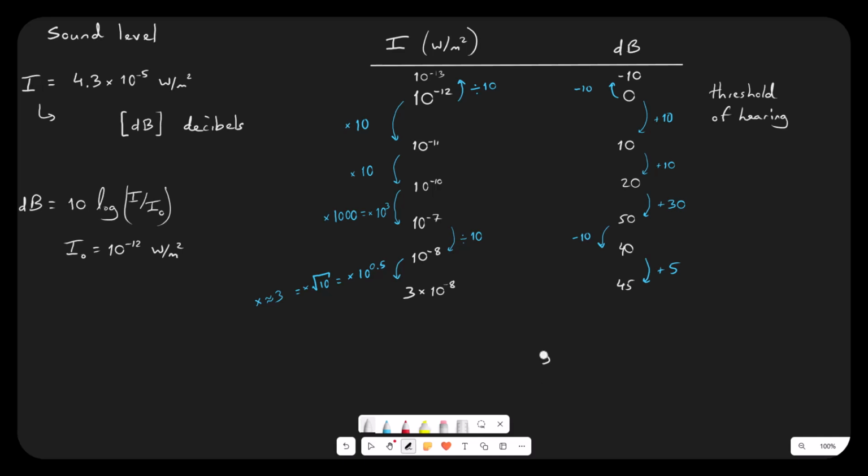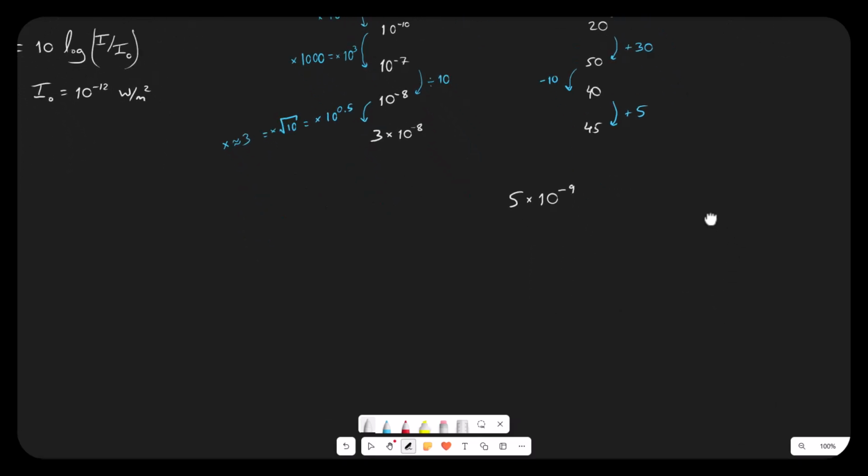If I've got a number like 5 times 10 to the negative 9th, for example, this is watts per square meter, I would say I can find 10 to the negative 9th watts per square meter. I can find 10 to the negative 8th watts per square meter.